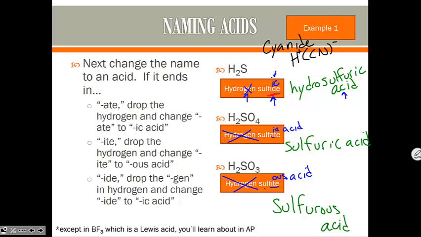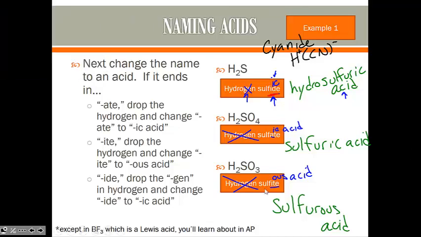Cyanide is one of the very few polyatomic anions that ends in ide, where this situation would occur. The only two other polyatomic anions that end in ide would be hydroxide, making water, or peroxide, which would make hydroperoxic acid, which I am not 100% sure is a thing.